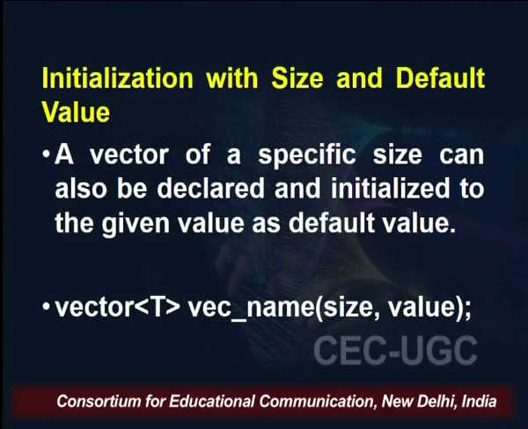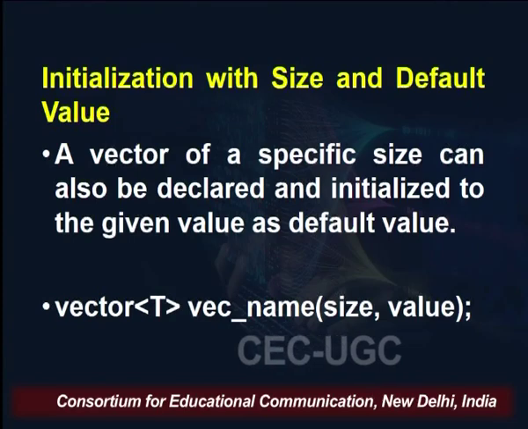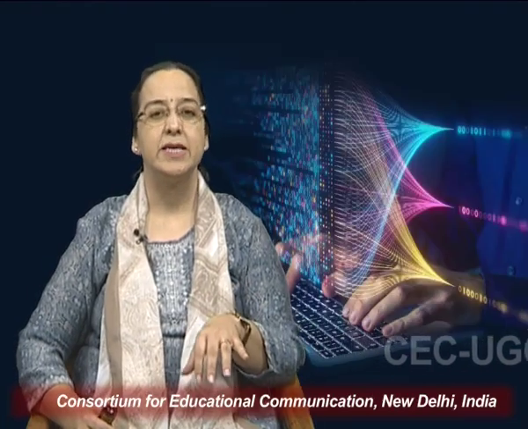The syntax will be vector, and then within the angle brackets the data type. Here I have written T as in template, then the vector name, for example v1, and two parameters, size and value. In the earlier declaration, there was no parameter inside the vector name, but here we have two parameters.